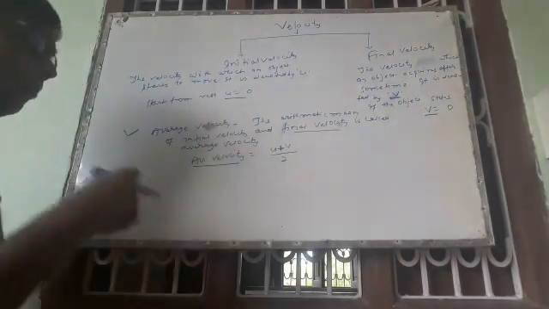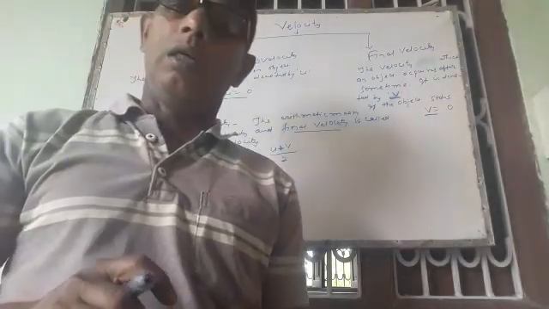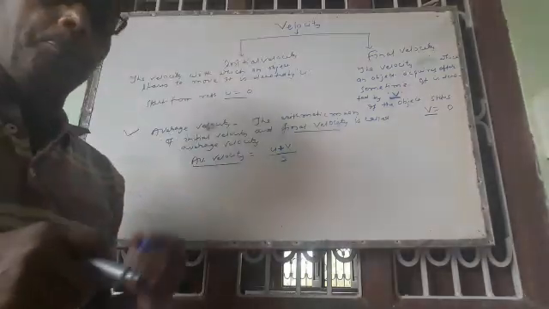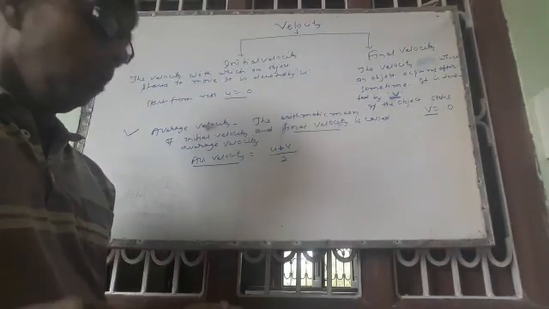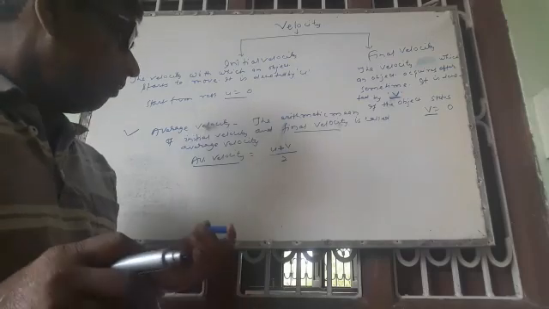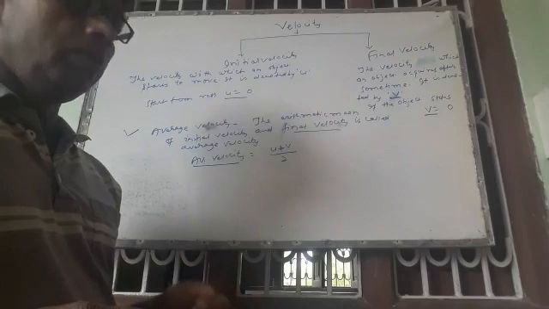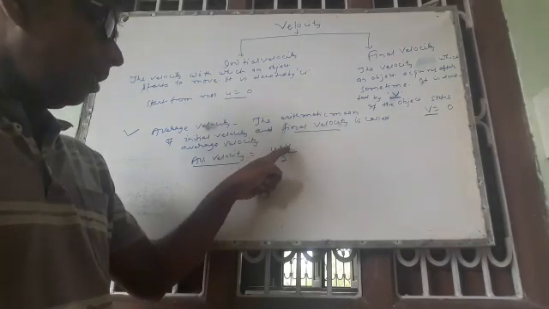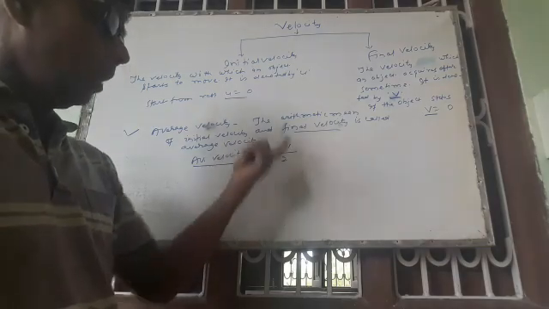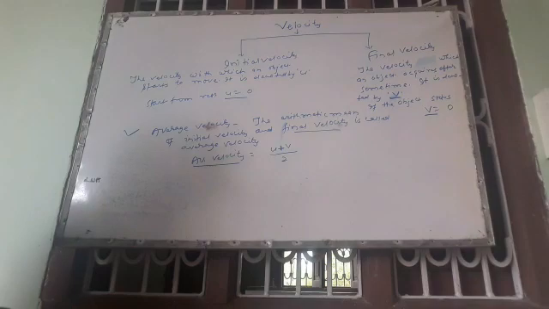If anyone asks how you will calculate average velocity, the answer is very simple: we add initial velocity and final velocity, then divide by 2.